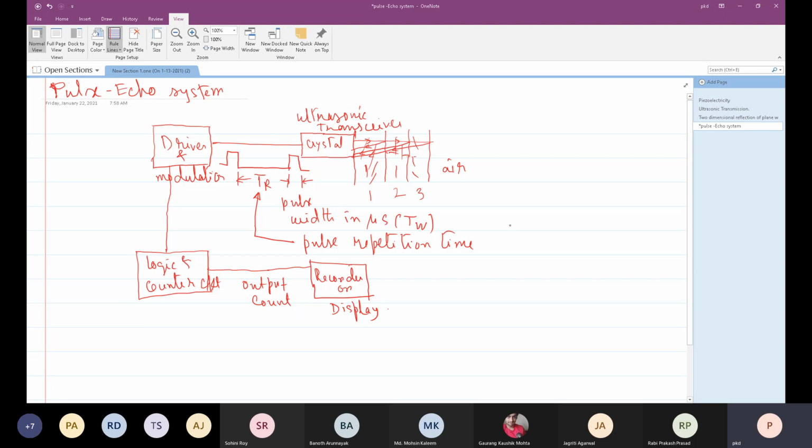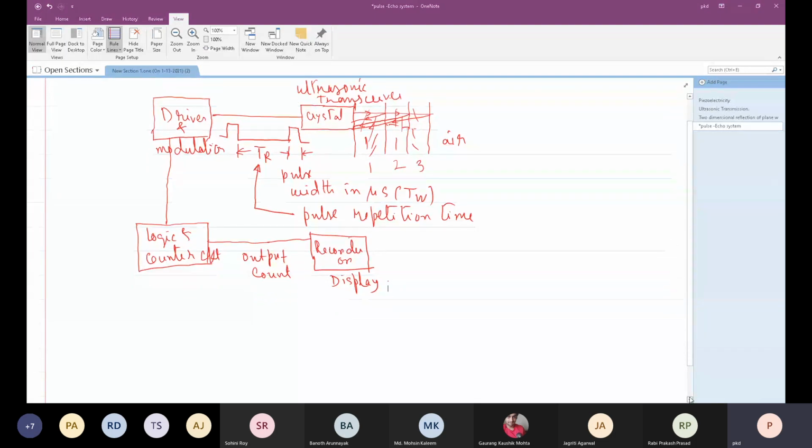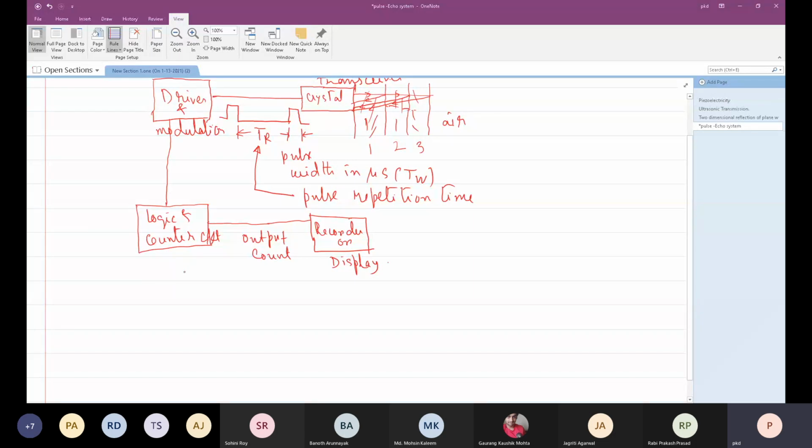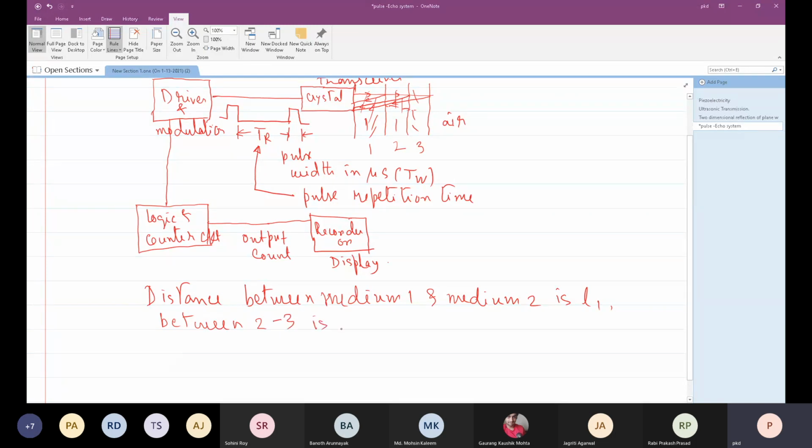So this one is L1, the distance between medium 1 and medium 2 is L1. Between 2 and 3 is L2.